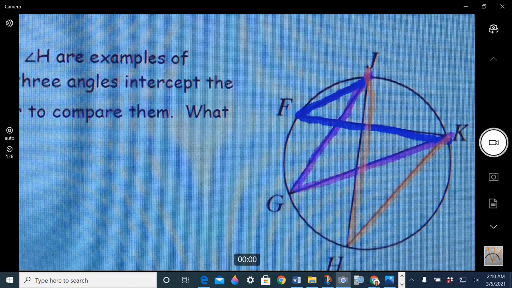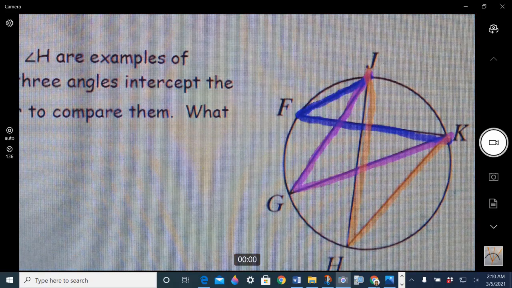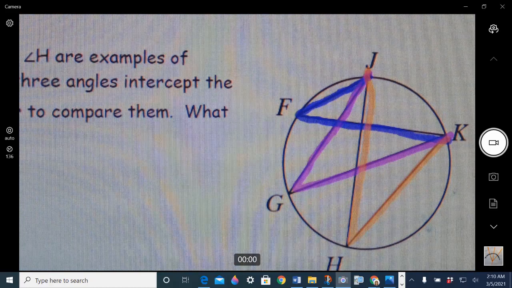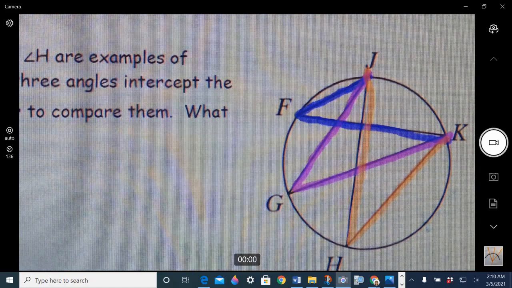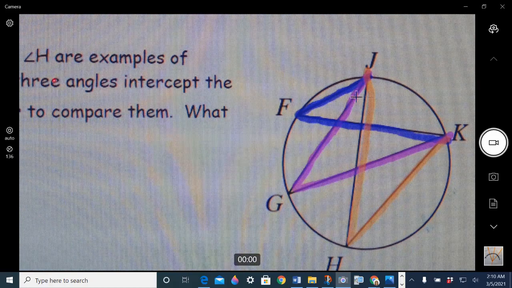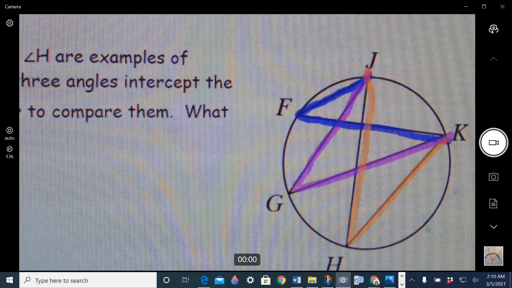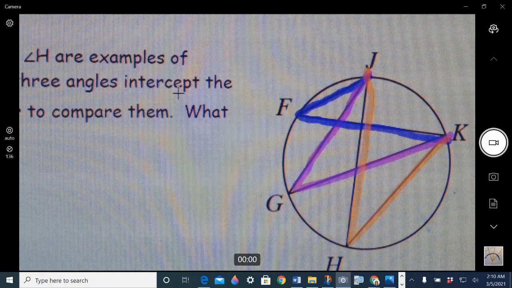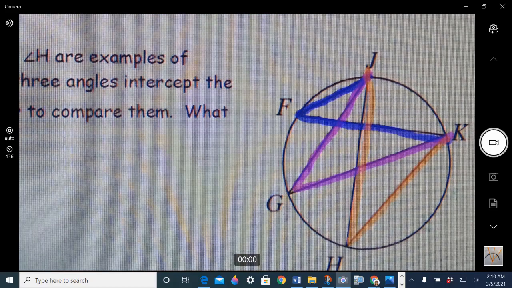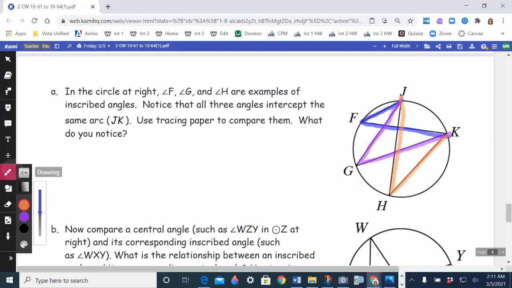So these angles here are all the same. And what they want you to pay attention to is that these angles all form this arc JK.